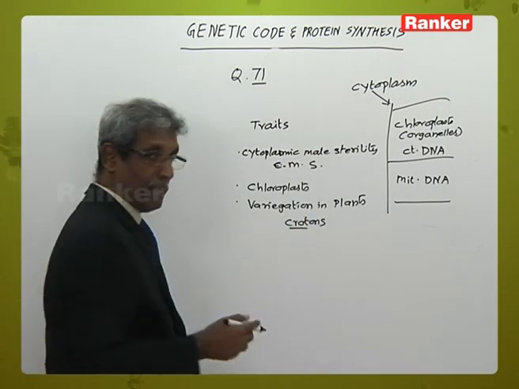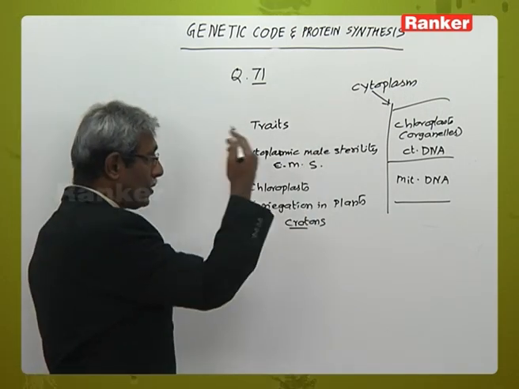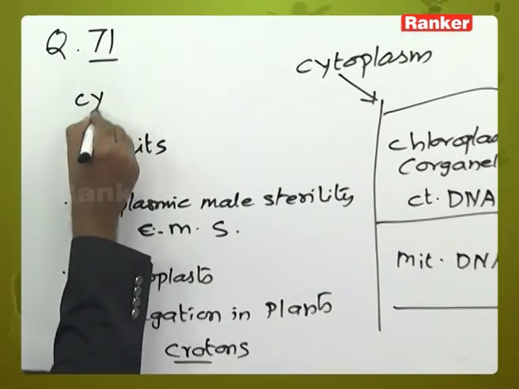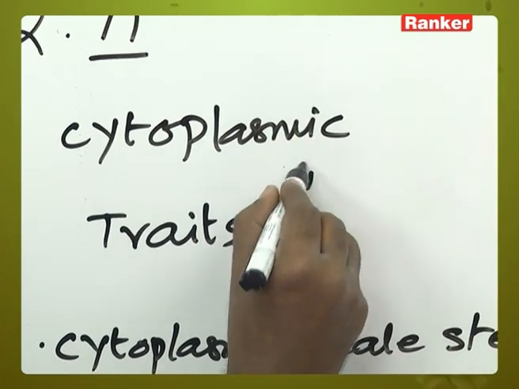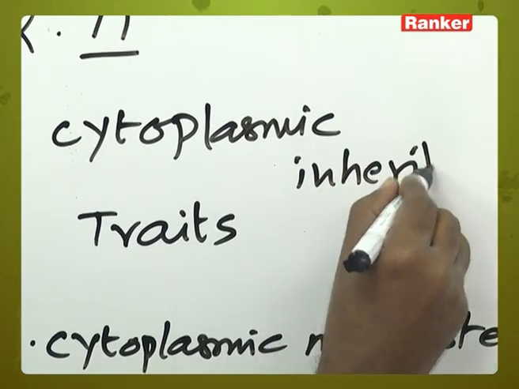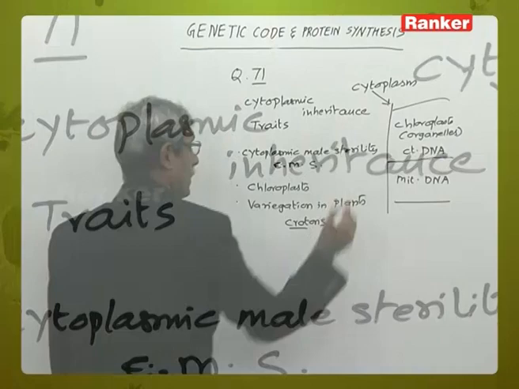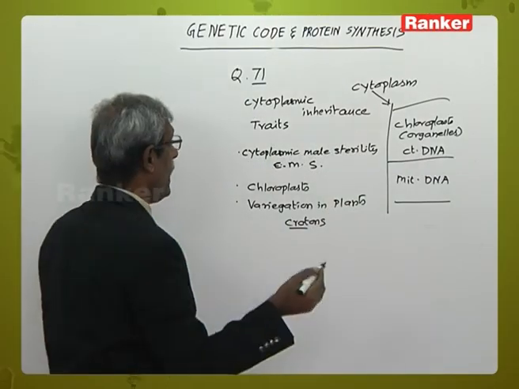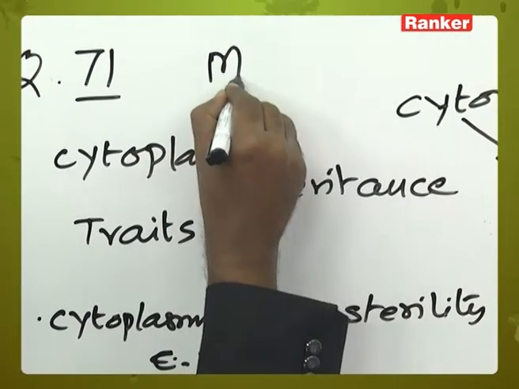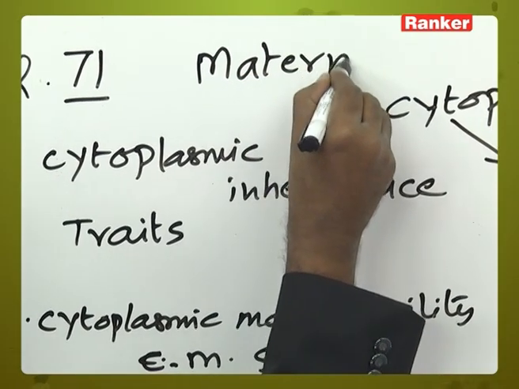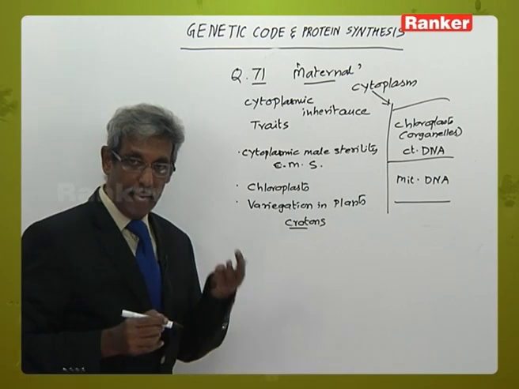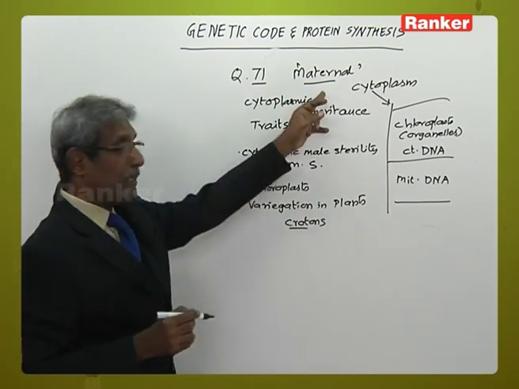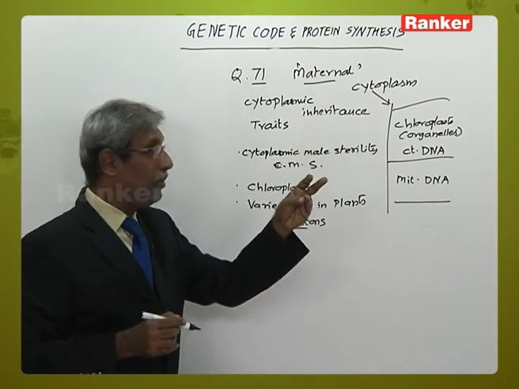All characters which are inherited through the cytoplasm, that is cytoplasmic inheritance, is otherwise termed as maternal inheritance. That is through the mother or through the egg, primarily the ovary, ovule and the egg.